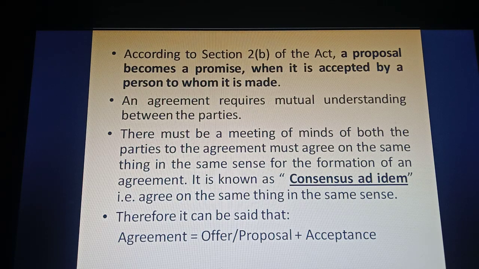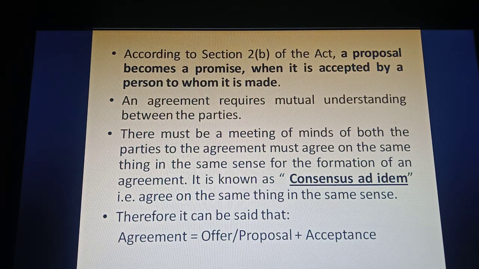For example, if A gives any offer to B, that offer or proposal must be accepted by B alone. Apart from B, any other person cannot accept that proposal. So, a proposal becomes a promise when it is accepted by a person to whom it is made.